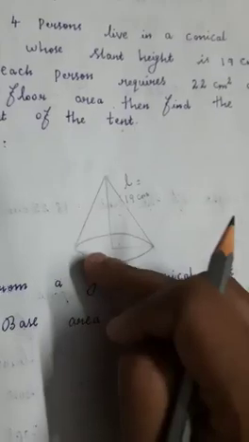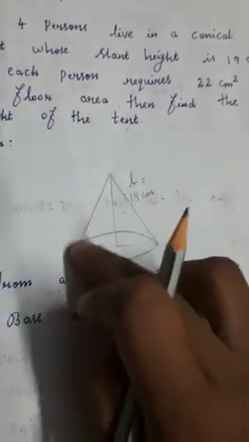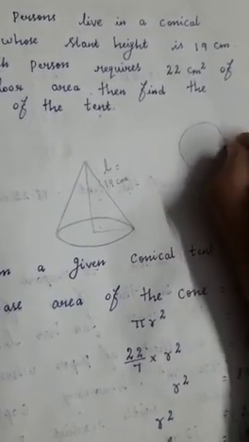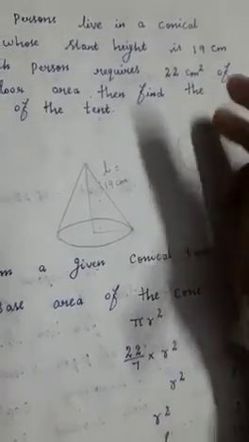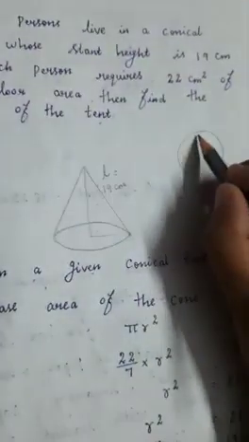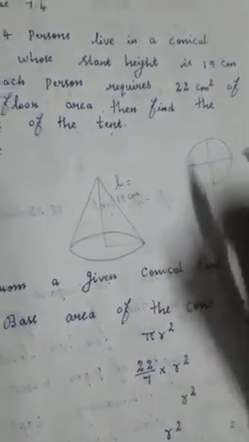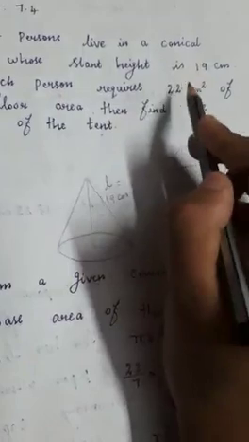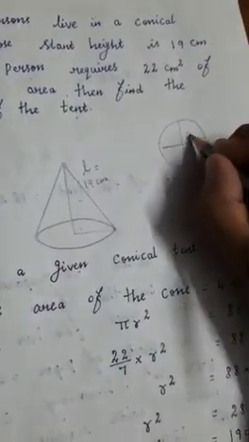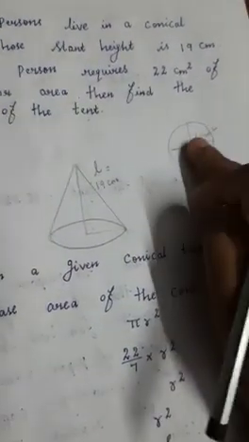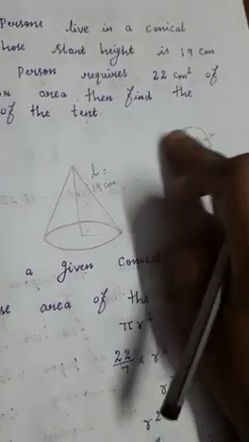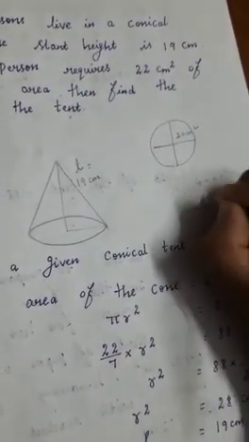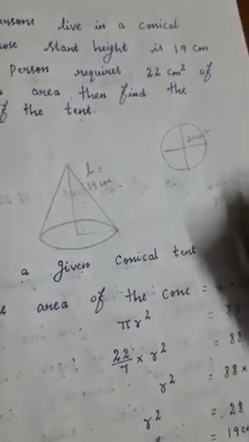So here you know that in the conical tent this circle part only they can sit. Here 4 persons live in the conical tent. One person requires 22 centimeter square, so 4 persons require 4 into 22, that is 88 centimeter square.